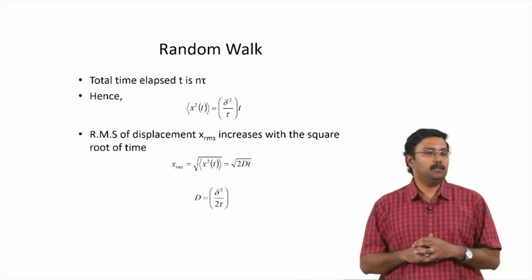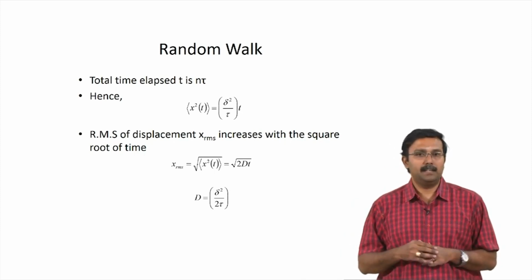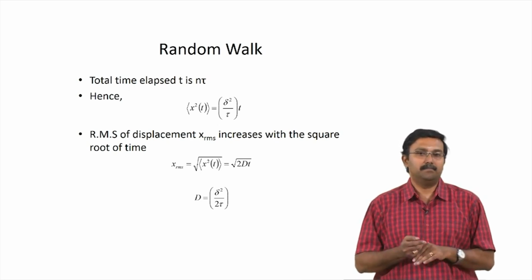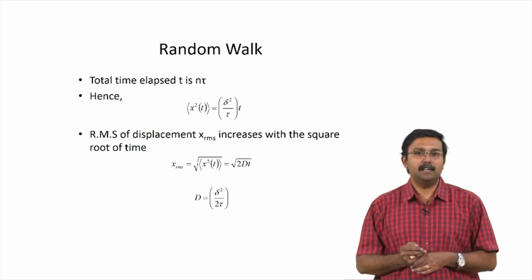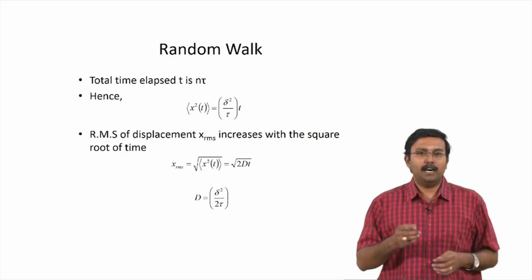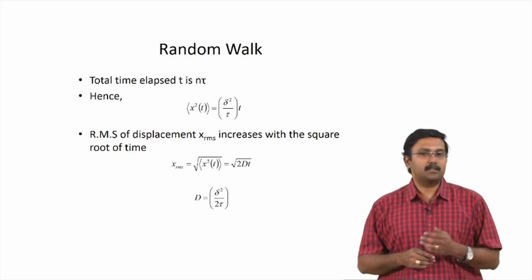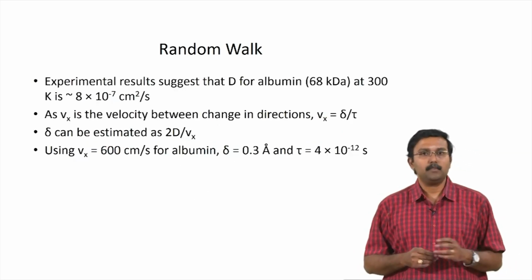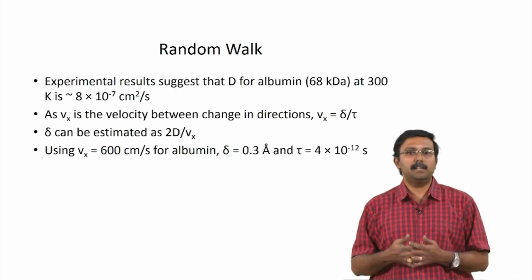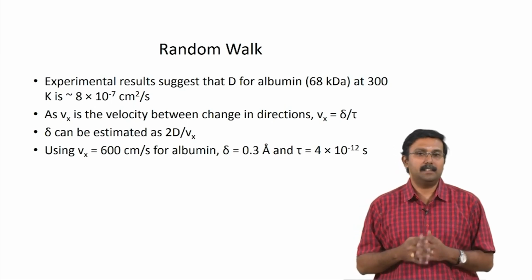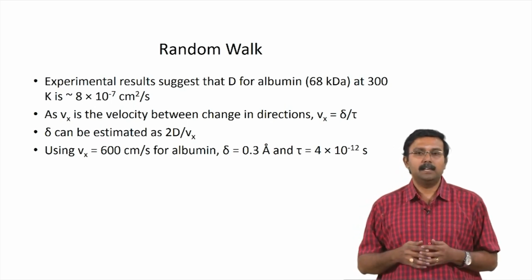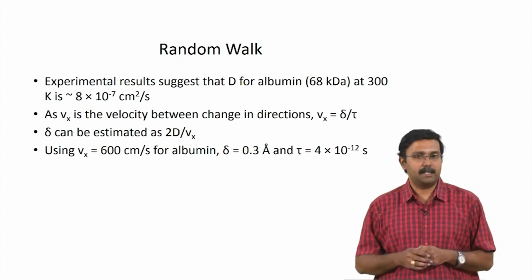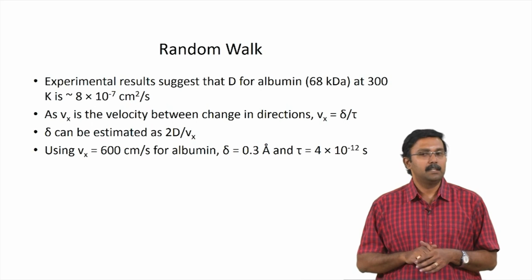So, the root mean squared of the displacement, which is XRMS, is given by this equation, and you have D equals delta square by 2 tau. What people have shown, from experimental results, is that D for albumin is about 8 times 10 power minus 7 centimeter squared per second. D is the diffusion coefficient. Okay.